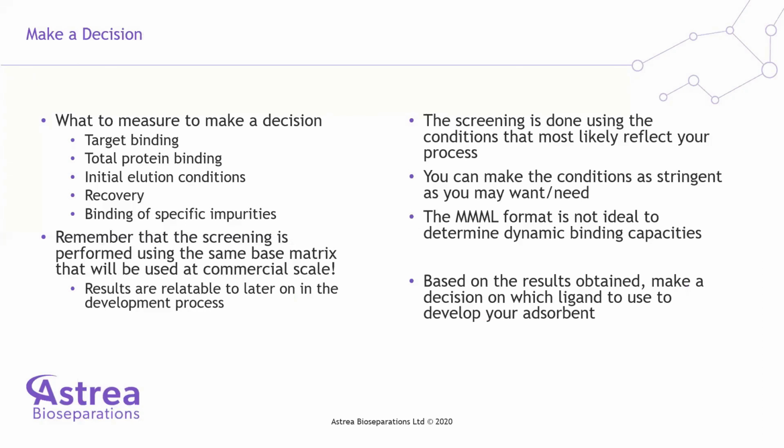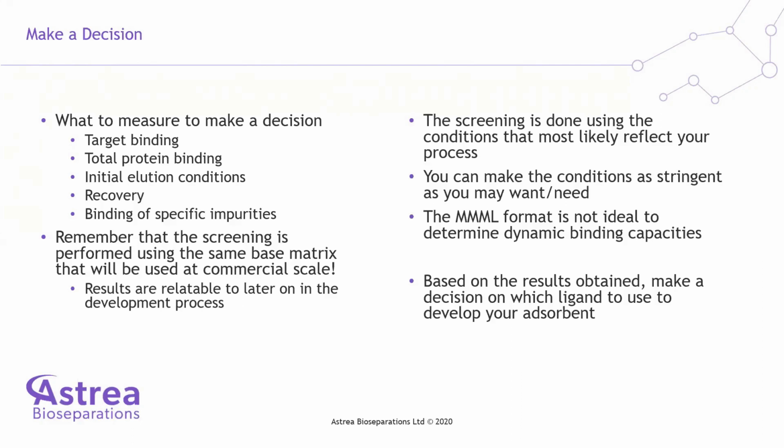But there are other things that you can measure, such as the total protein binding. You have the different fractions: flow-throughs, elution, different washes, and even strips if you want at the end. So you can work on total protein binding too.